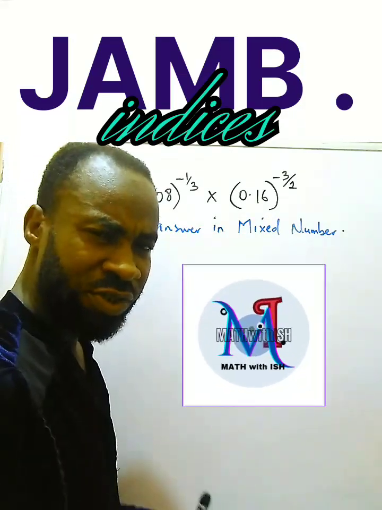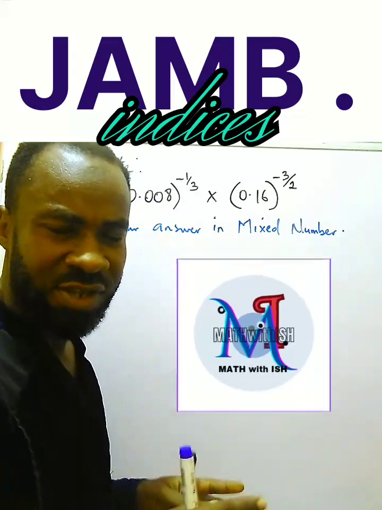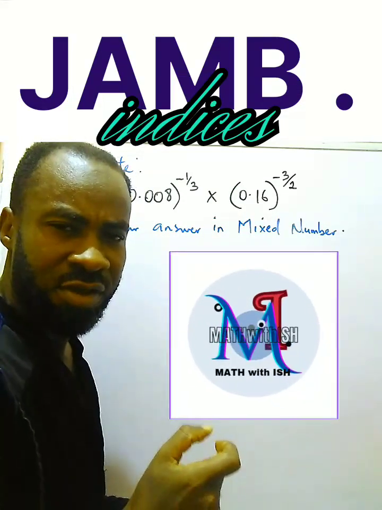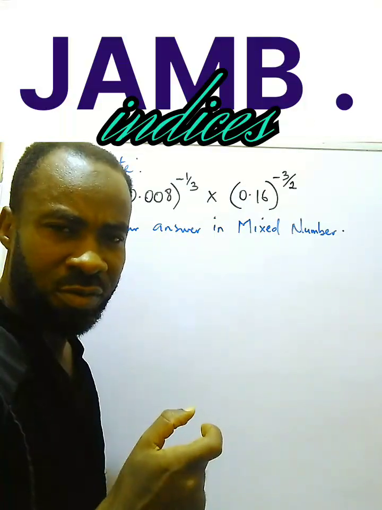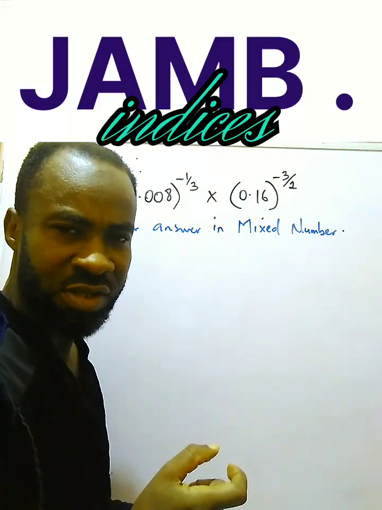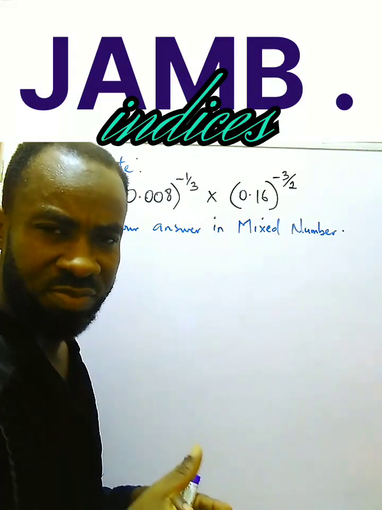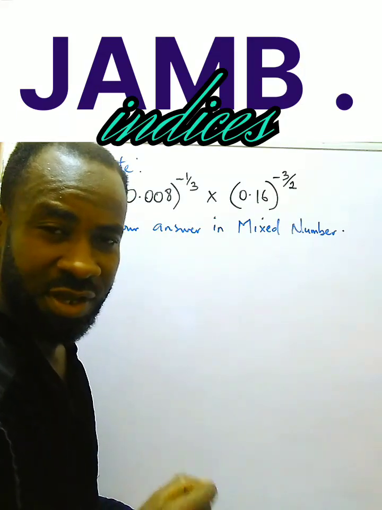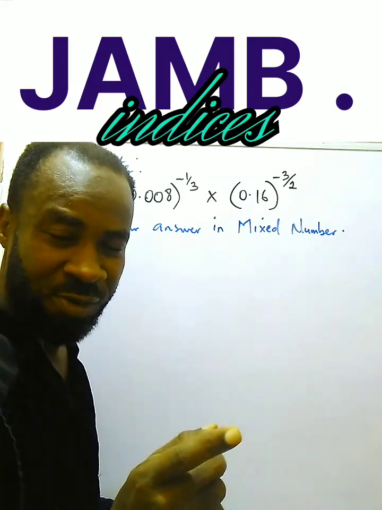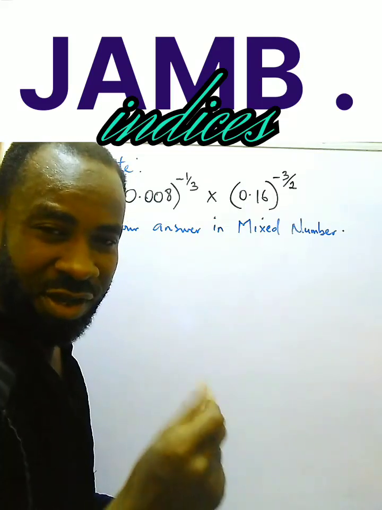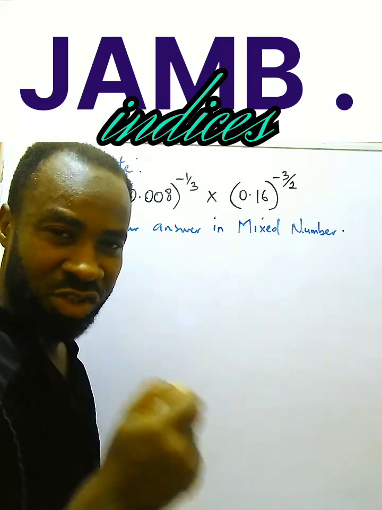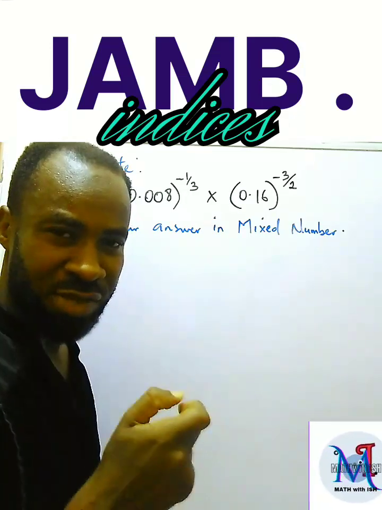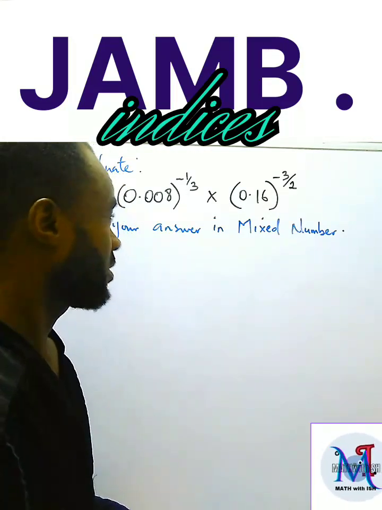Now I don't want to just solve this problem without telling you the need for you to have yourself, your wards or your children grounded with the basics of mathematics. It is very, very important. Let's solve this, and then you will see why you need to take the foundational knowledge of your ward or your child in mathematics very, very seriously.